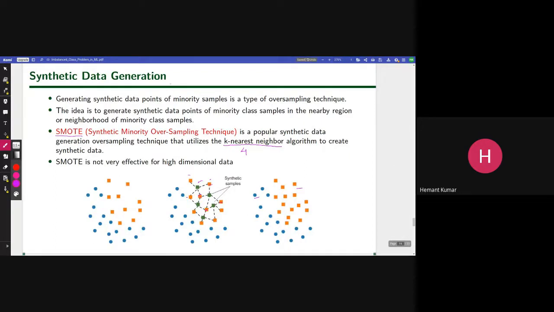Most of the time, this methodology is used over undersampling and oversampling. So this is the synthetic generation of a minority class using an oversampling technique, called SMOTE, and it uses the k nearest neighbor KNN algorithm.